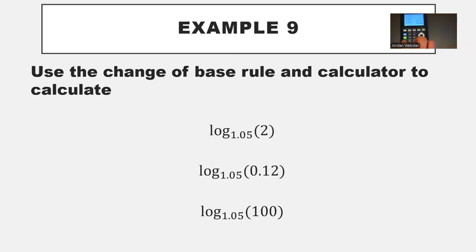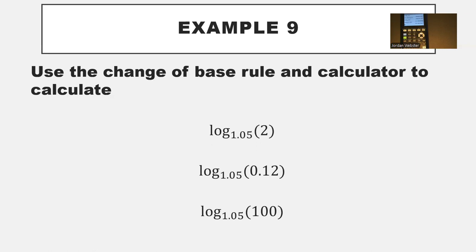If I do that on my calculator, log base 1.05 of 2 comes out to about 14.21. And log base 1.05 of 0.12 comes out to about negative 43.46.